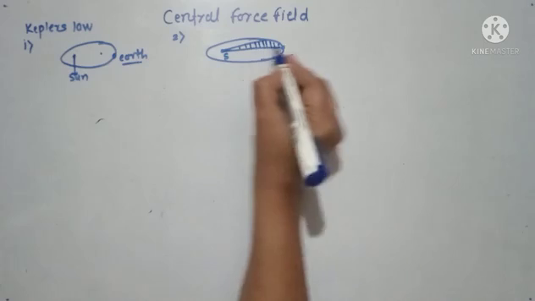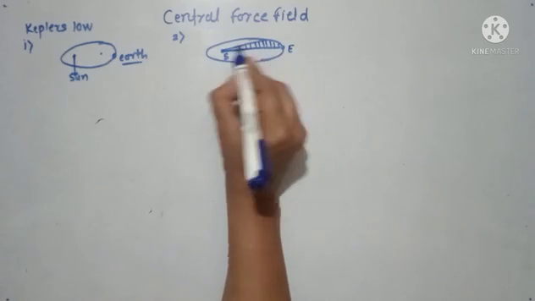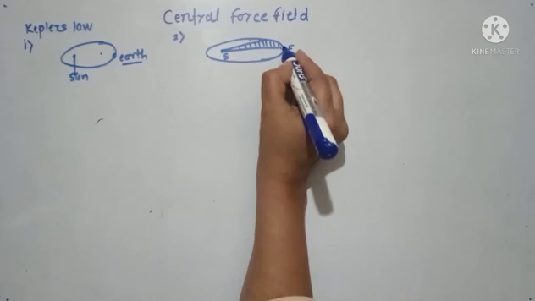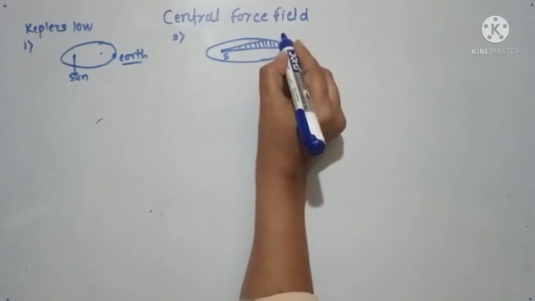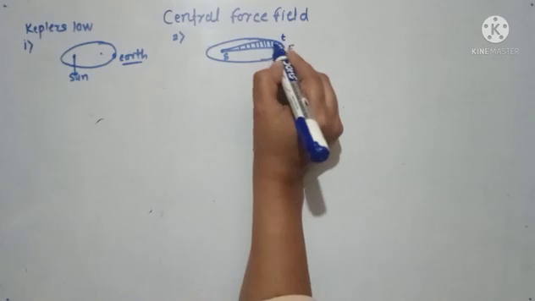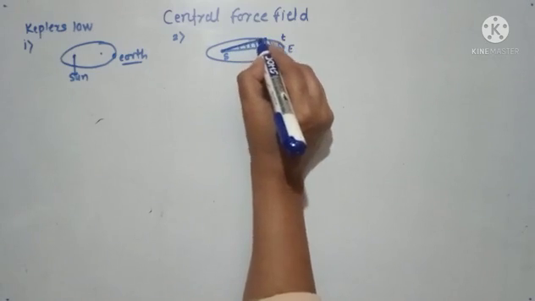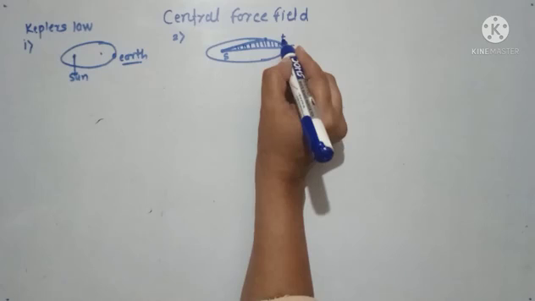Suppose this is the sun, this is the earth, and this is a radius vector drawn from the center of the sun to the center of the earth. The area swept by this radius vector, suppose in time t, this radius vector is moving from this place to this place. This is the area swept by this radius vector in time t.